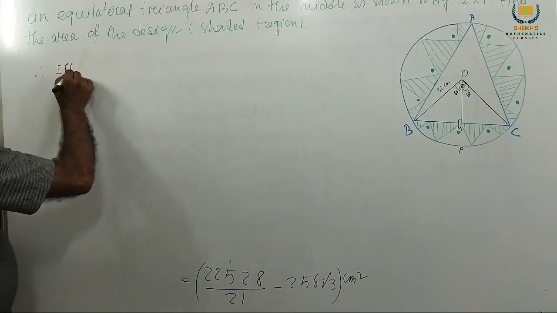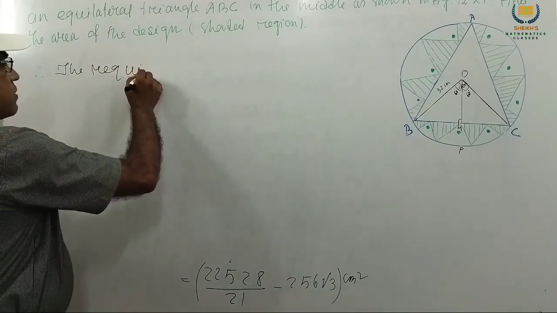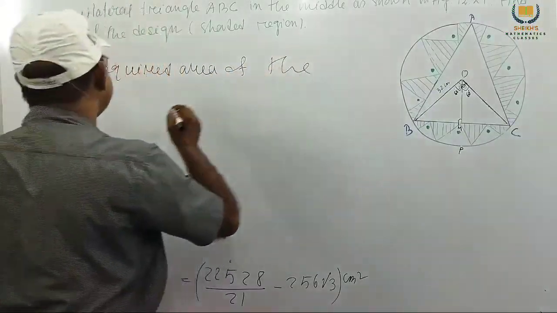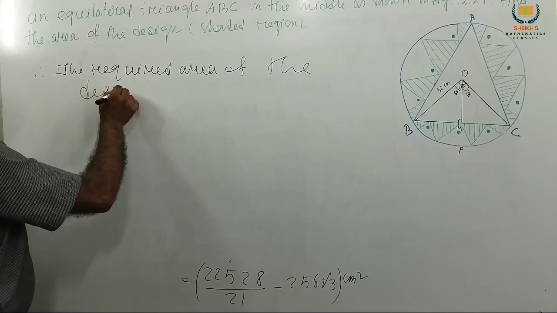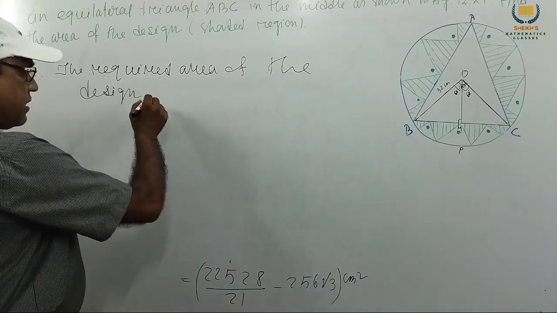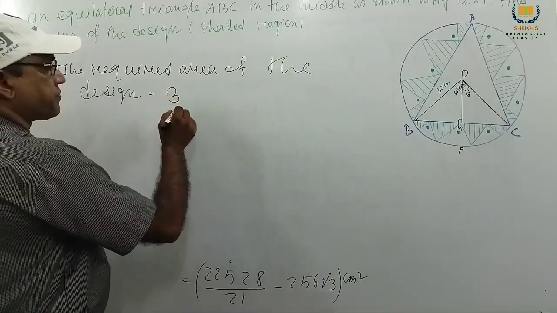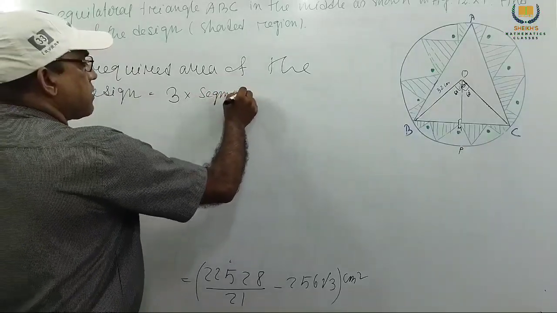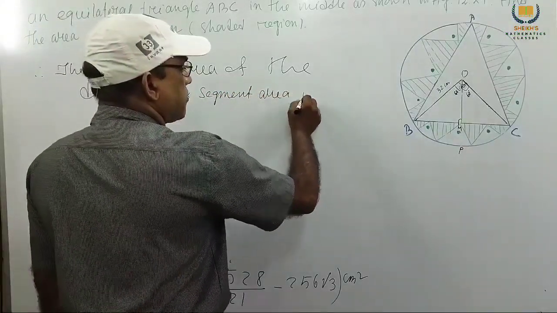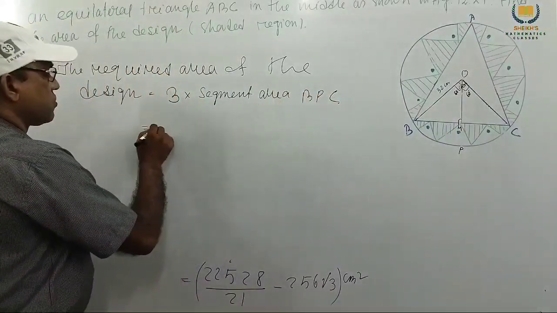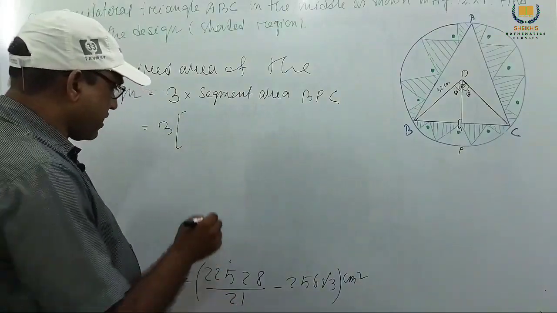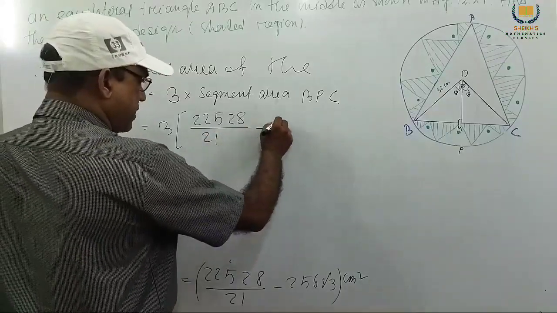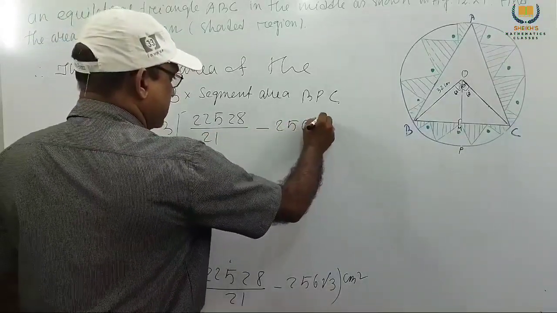Therefore the required area of the design or shaded region equals 3 into segment area BPC. So 3 into 22528 by 21 minus 256√3.